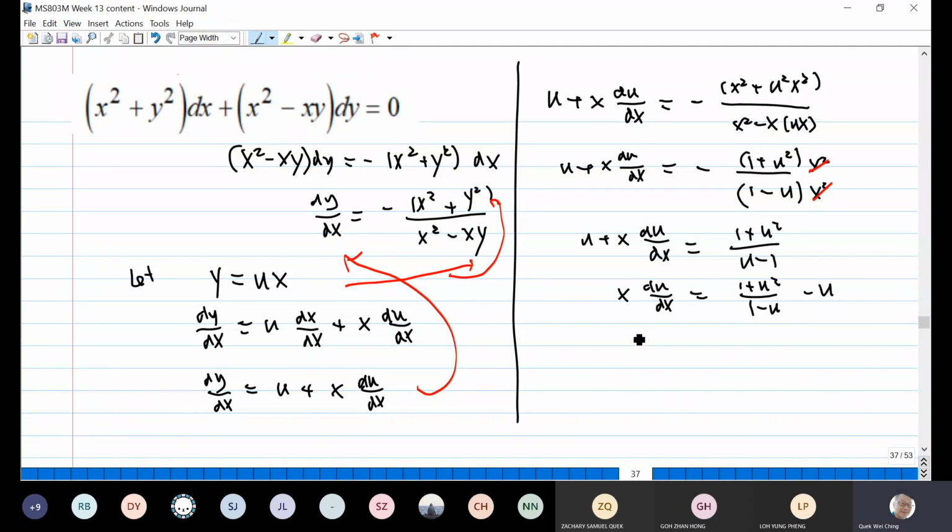Let's simplify this thing. Okay, 1 plus u squared minus, what is this now?